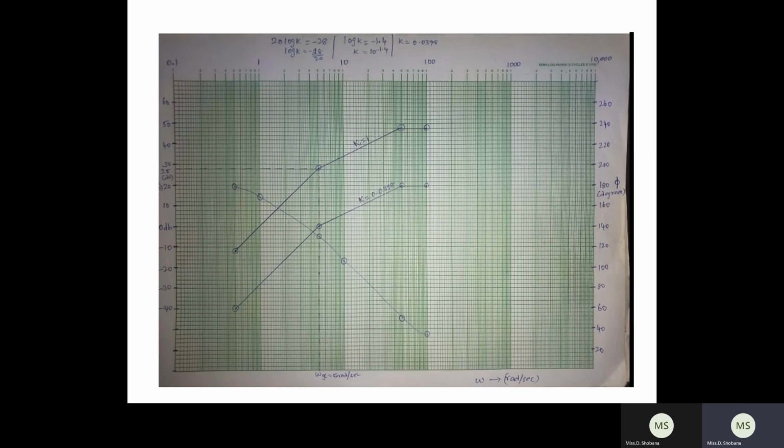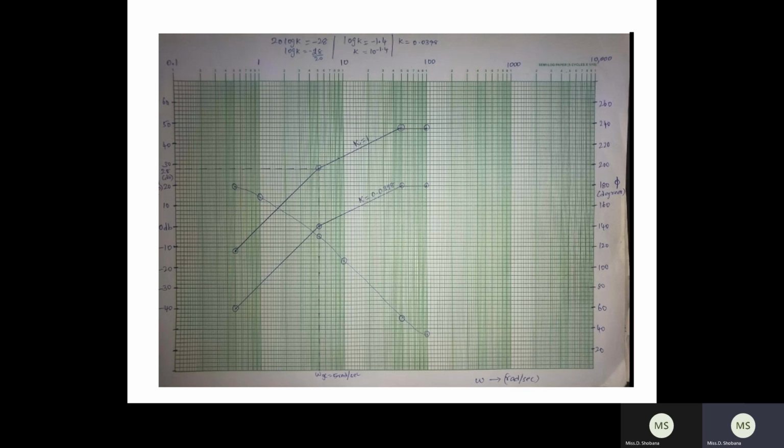At omega equal to 5 radian per second, draw a vertical line that will intersect your magnitude plot, and measure the corresponding gain from the graph. That shows plus 28, but it should be 0. Only then is 5 radian per second considered the gain crossover frequency.